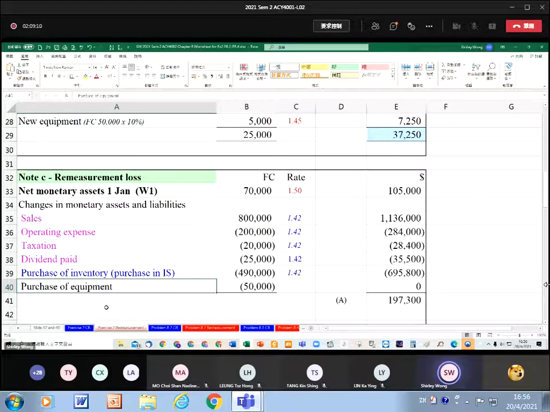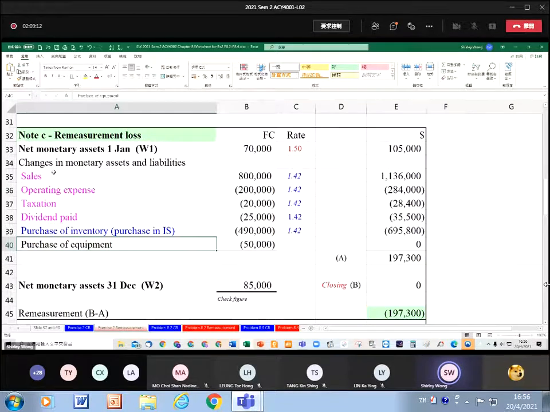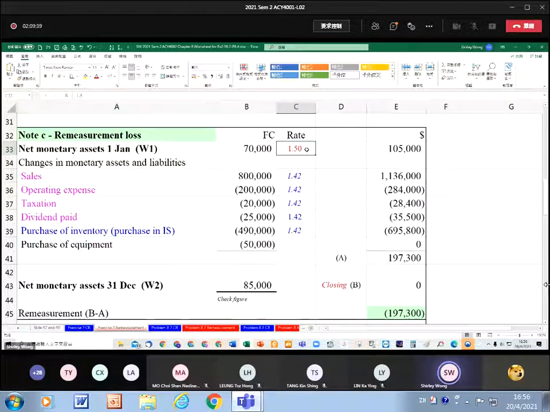There is the newly purchased equipment. So below the P&L items are the newly bought items, including this year's purchase and this year's equipment. If we buy insurance this year, for example prepaid insurance, we put it in as well. So here we put in all the newly purchased items. We will have the purchase of inventory, purchase of equipment, purchase of patent, purchase of insurance, etc. Because the newly purchased items do not follow the closing rate, they will not use the closing rate. They will use the historical rate.